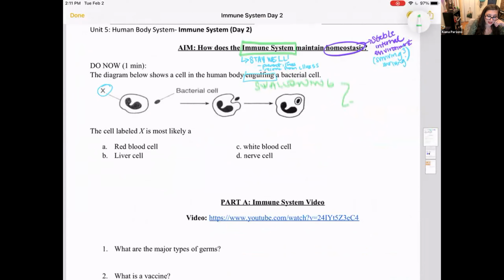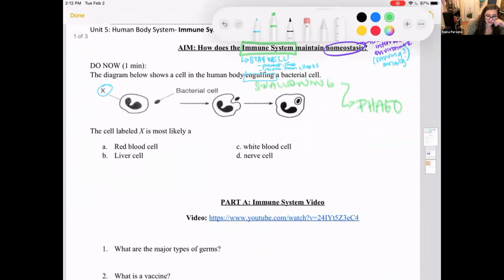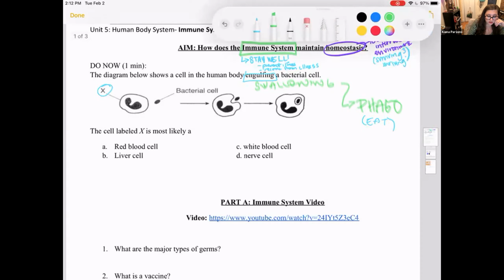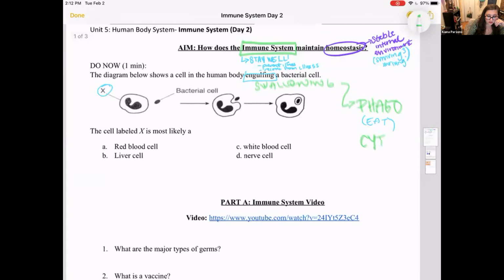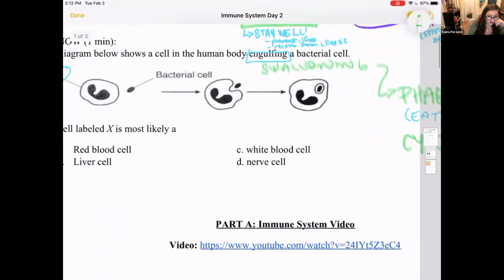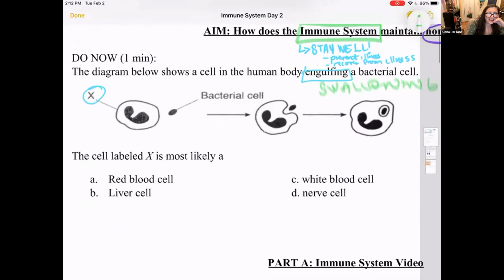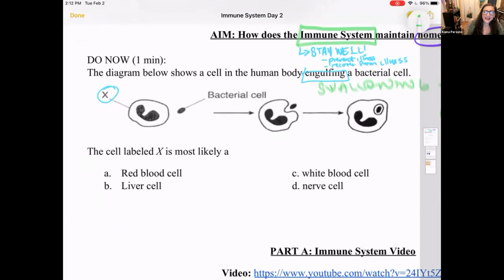Another word for that is called phago, which means eat. Cytosis. So this is phagocytosis.